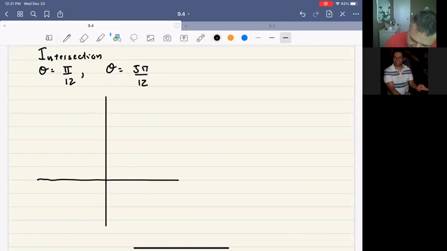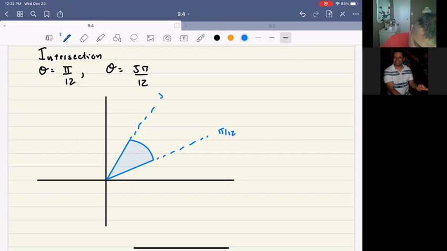I'm not going to really try to get this perfect, but I'm going to try to get the vision of what's going on. So we have the arc of a circle here. This is pi over 12, 5 pi over 12. We could find that area pretty easily. What's the difference? 5 pi over 12 minus pi over 12 is 4 pi over 12, pi over 3, times r squared, where r equals 1.